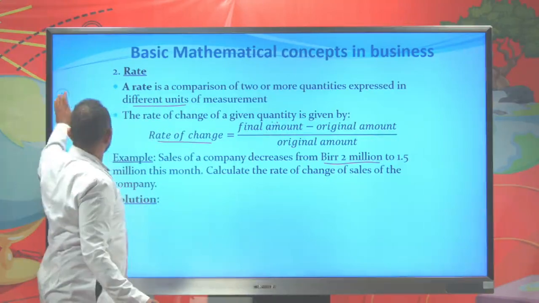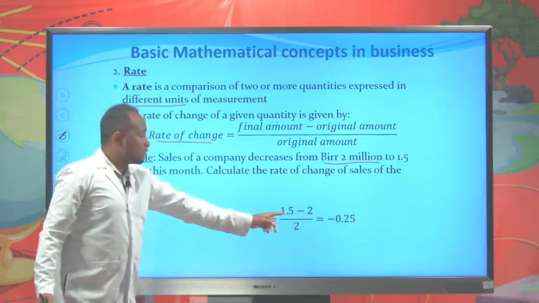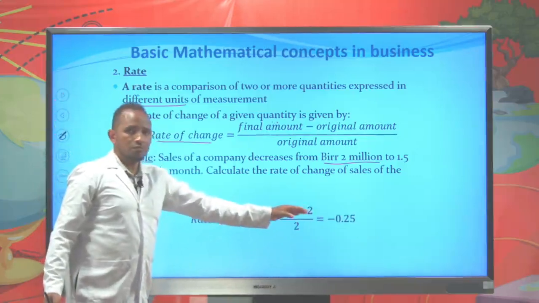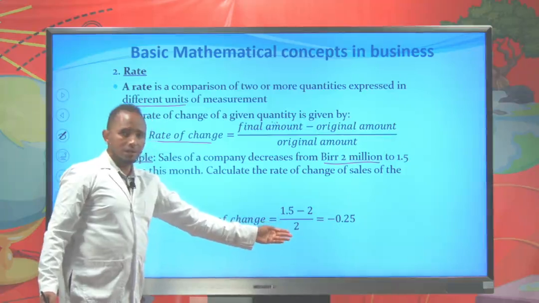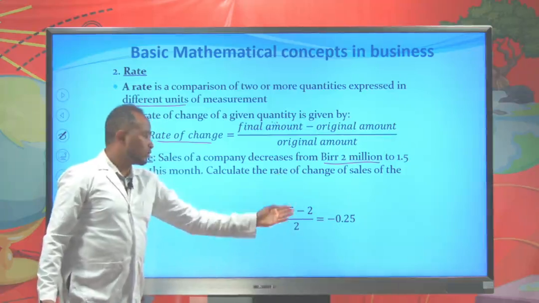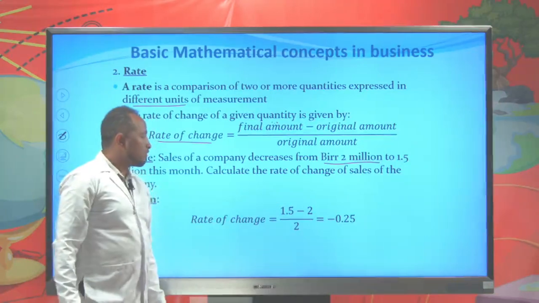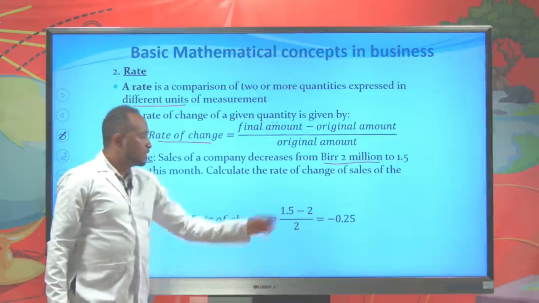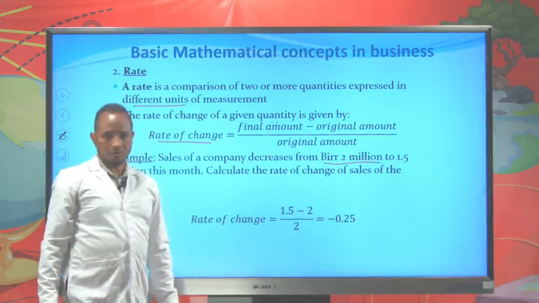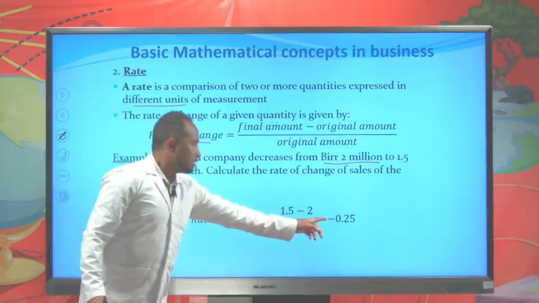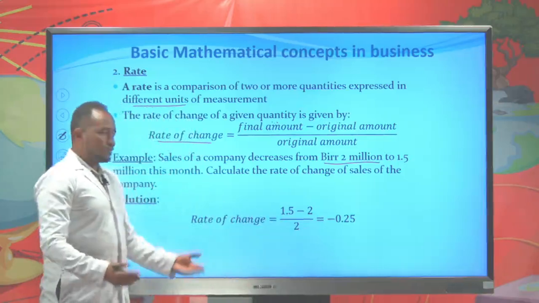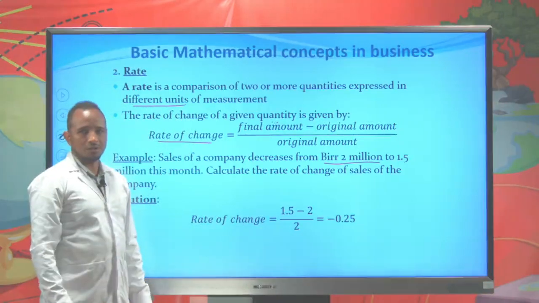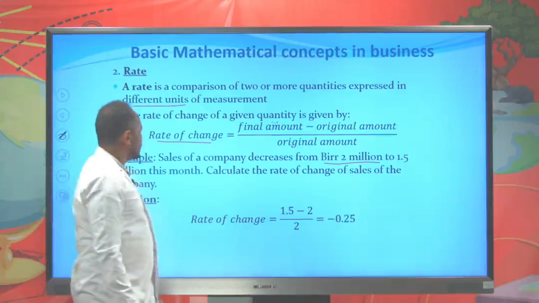So you will have 1.5 million minus 2 million divided by the original, 2 million. The million cancels, so simply take 1.5 minus 2 divided by 2, you get negative 0.25. This negative indicates the rate of change is decreasing.